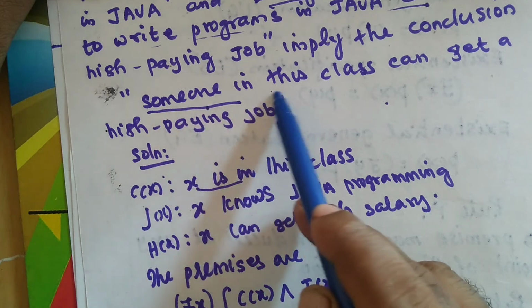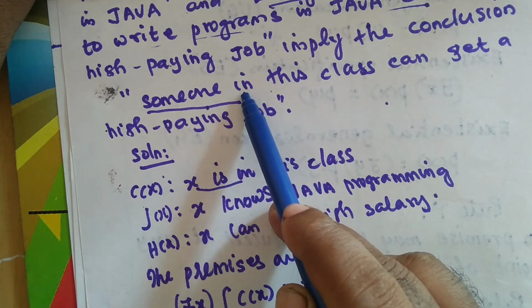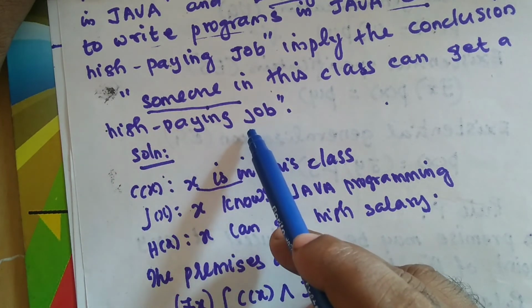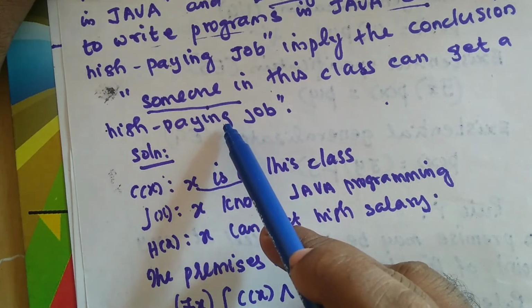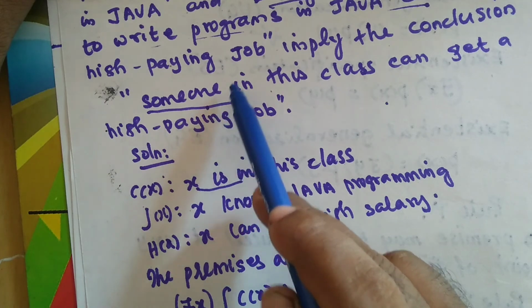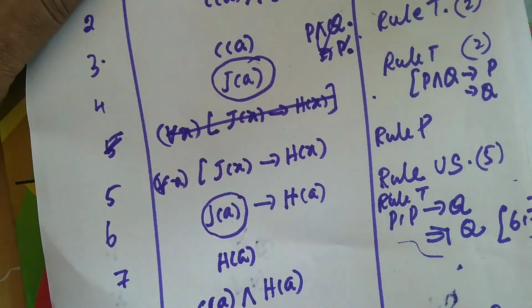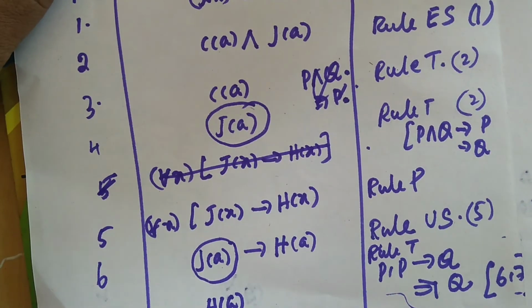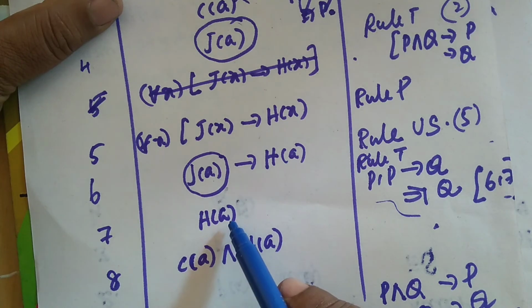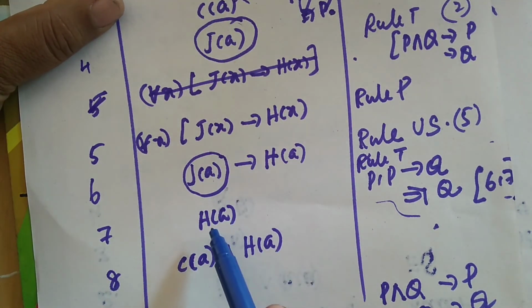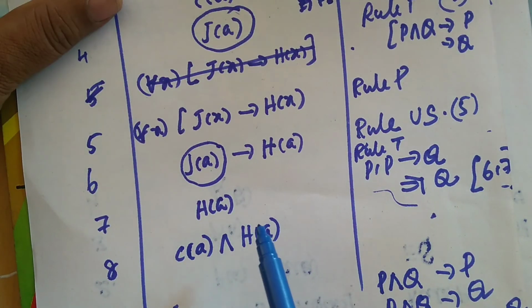So someone in the class, that is C of A, and high salary, that is H of A. So we must link C of A and H of A. That is why here we get C of A. Now we got this H of A. That is P, this is Q. So P comma Q implies P and Q.